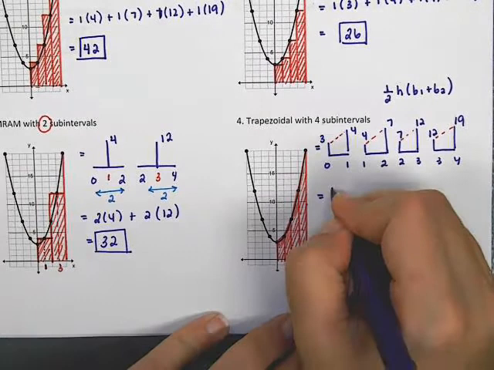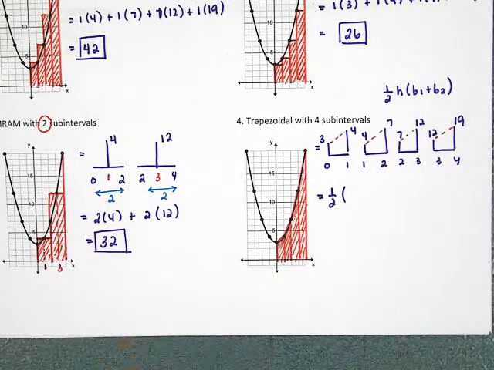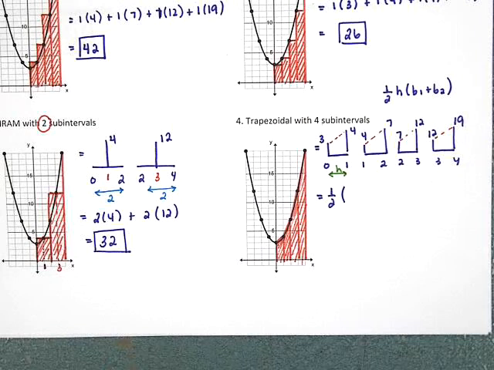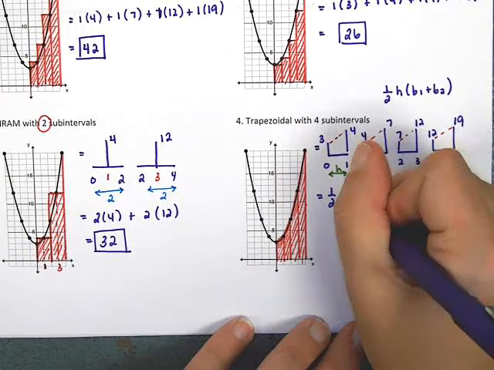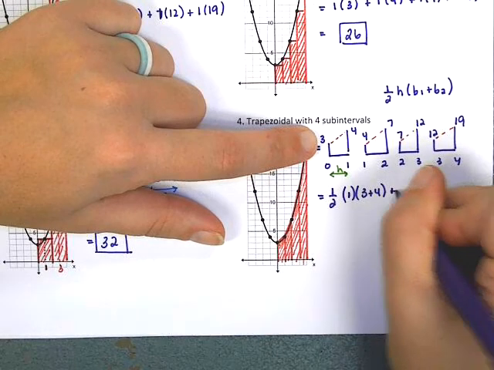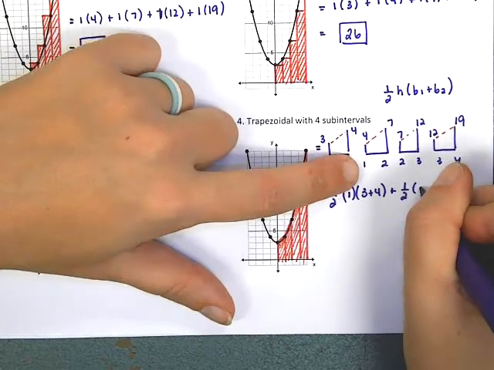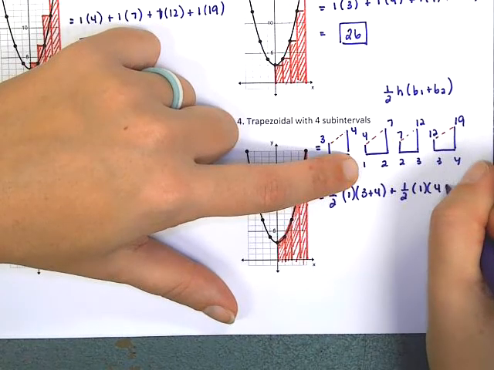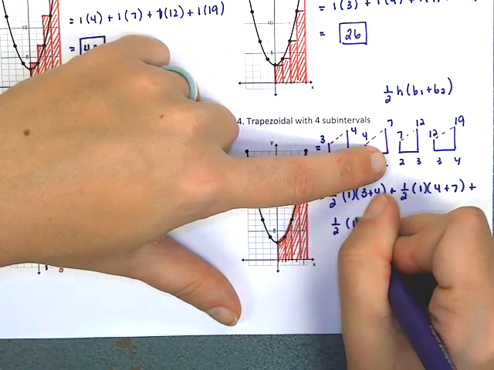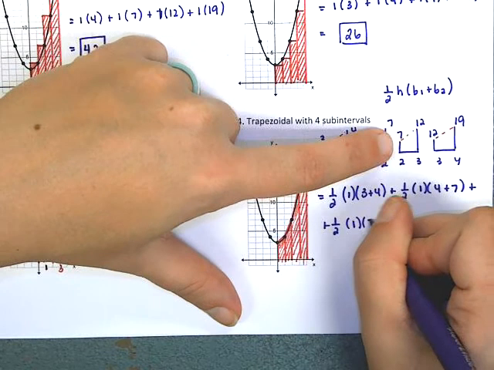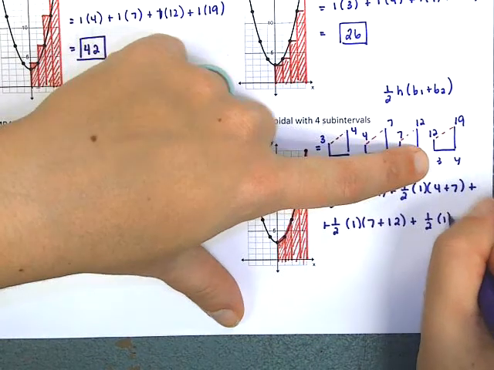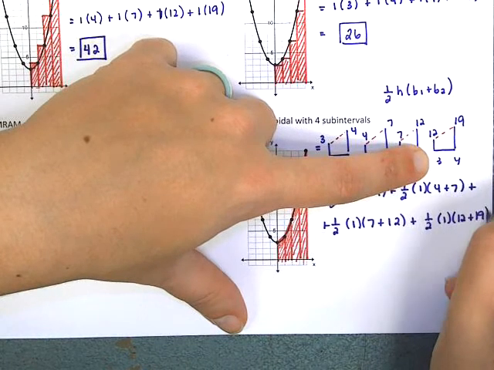So I'm going to have 1/2 times, now remember we said these are twisted, so the height here is actually this guy. 1/2 times 1, and then base 1 is 3, base 2 is 4, plus 1/2 times 1, base 1 is 4, base 2 is 7, plus 1/2 times 1, base 1 is 7 plus 12. Plus 1/2 times 1, base 12, and then 19.